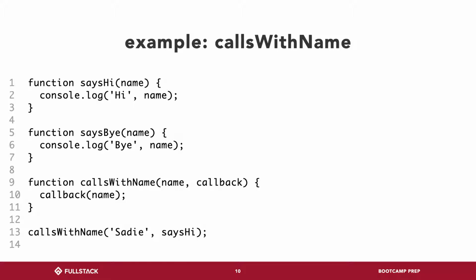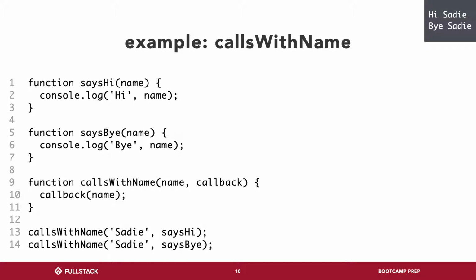So, calls with name, Sadie says hi. You're calling calls with name with the string Sadie and says hi. So says hi is this callback now, and Sadie is being passed into says hi. So it's going to say hi Sadie, right? And the same thing with bye Sadie.